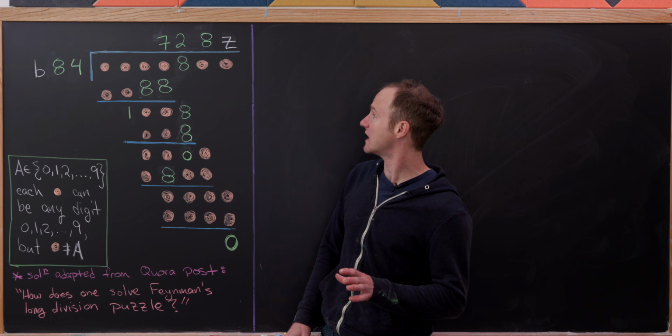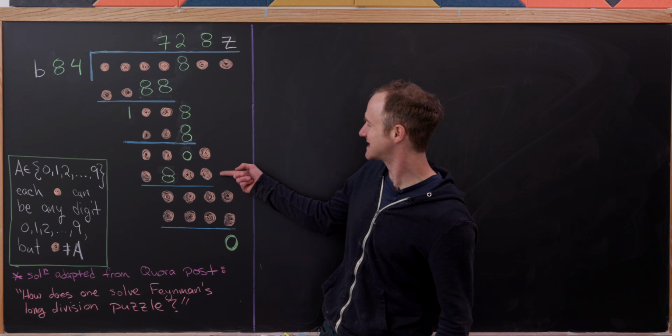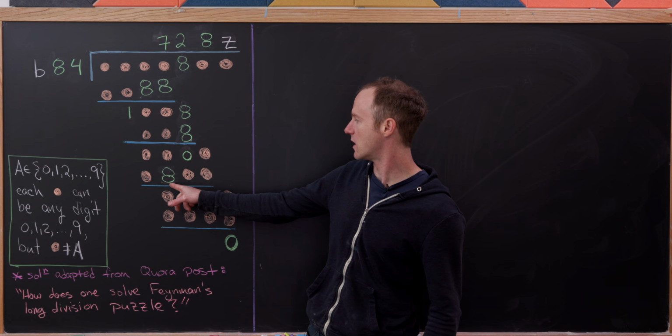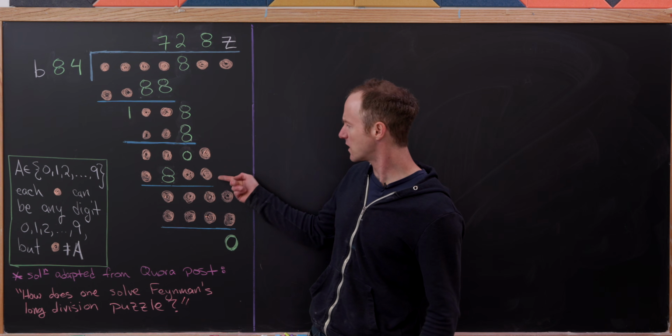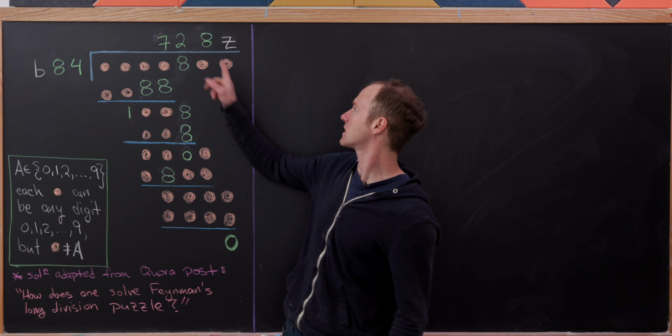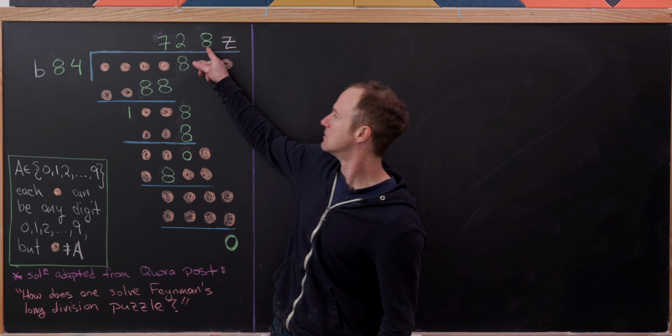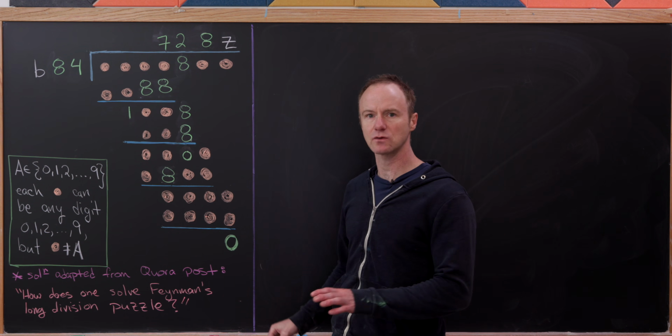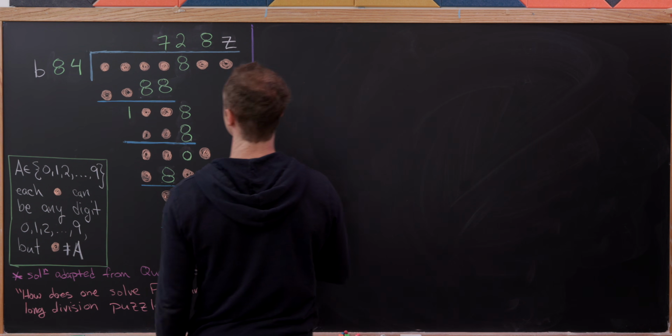And the way that we'll do that is to look at this line right here. And so notice there's an 8 in the 100s place. And where does this line come from? Well, it comes from this number 8 multiplied into b84. Okay, so let's expand that out over here.